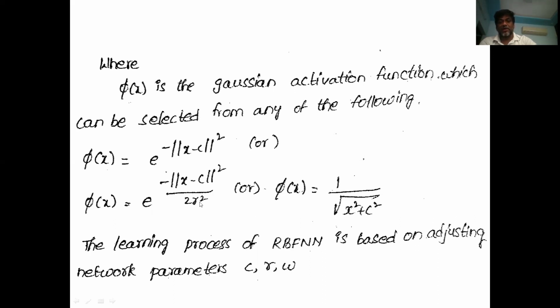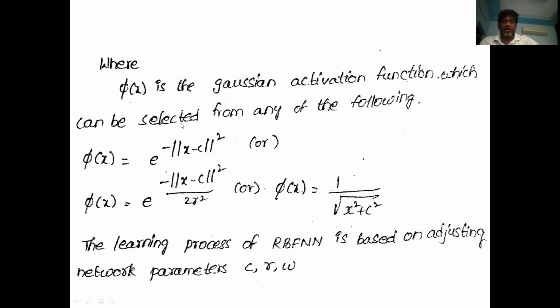I will explain all these steps clearly. Another possible option for phi of x is 1 by square root of x square plus c square, where x is the input vector and c is the center we select for the corresponding hidden neuron.